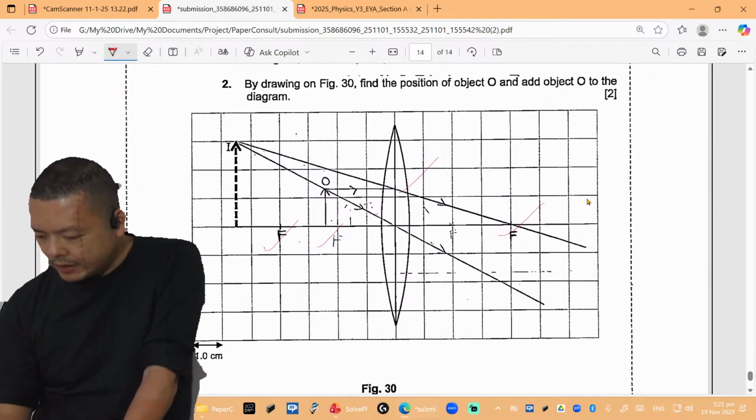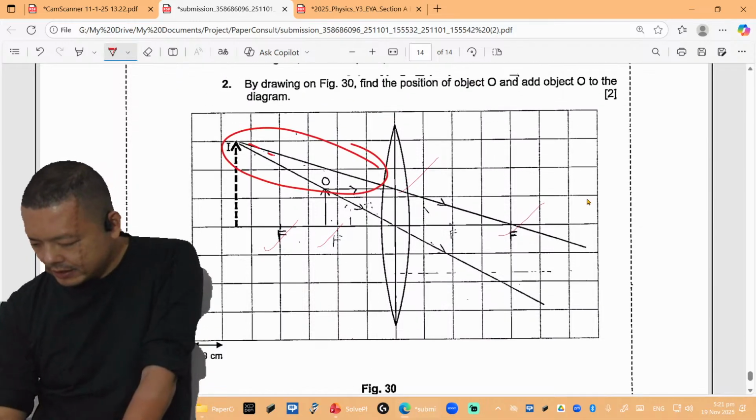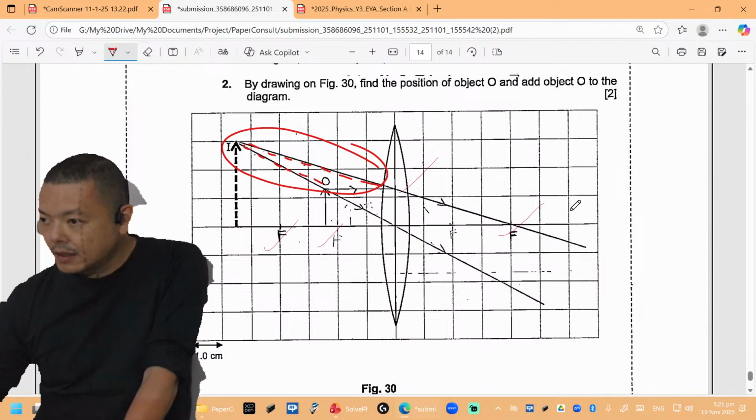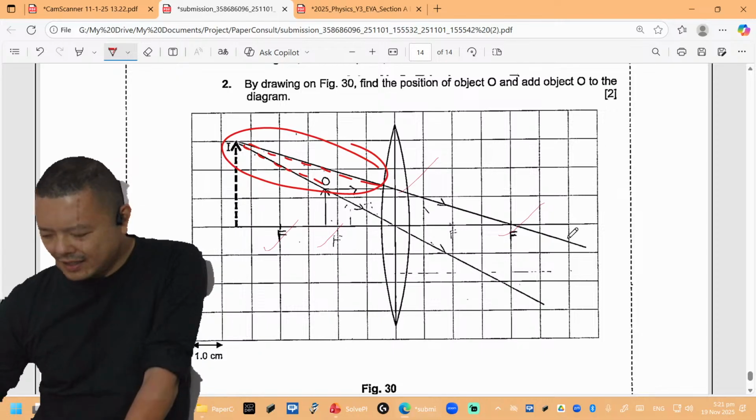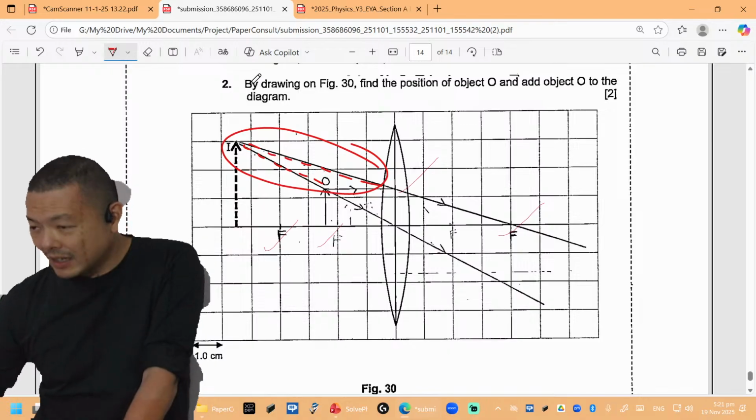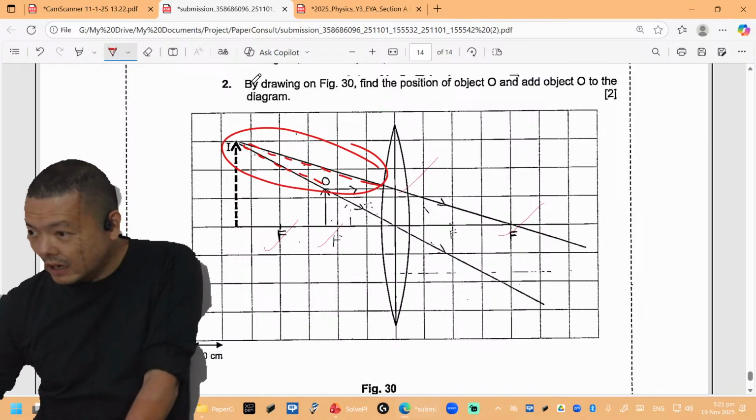Okay, be very careful. The lines at the back here are supposed to be dotted. Dotted lines is for what? If you drew it not dotted, it will be penalized.